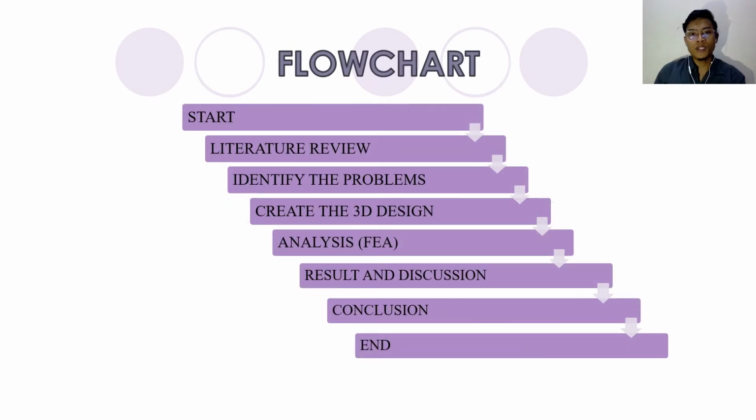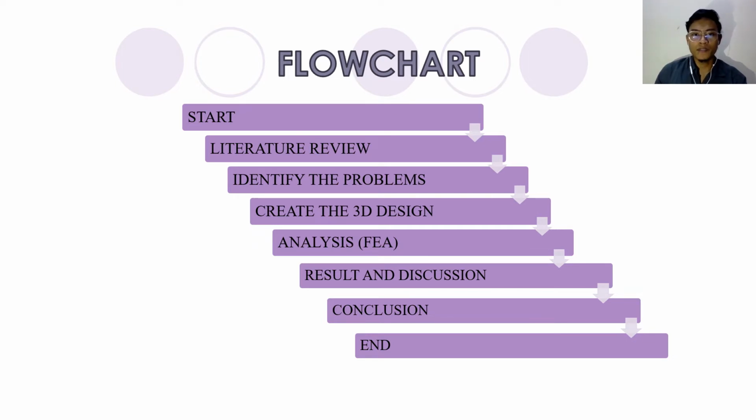Next, I would like to explain about the project methodology in this final year project. First, I would like to start with the flowchart. This flowchart shows the flow of the project roughly. As you can see, after I start the project, I make a literature review about the topic. So I study previous studies to find information.